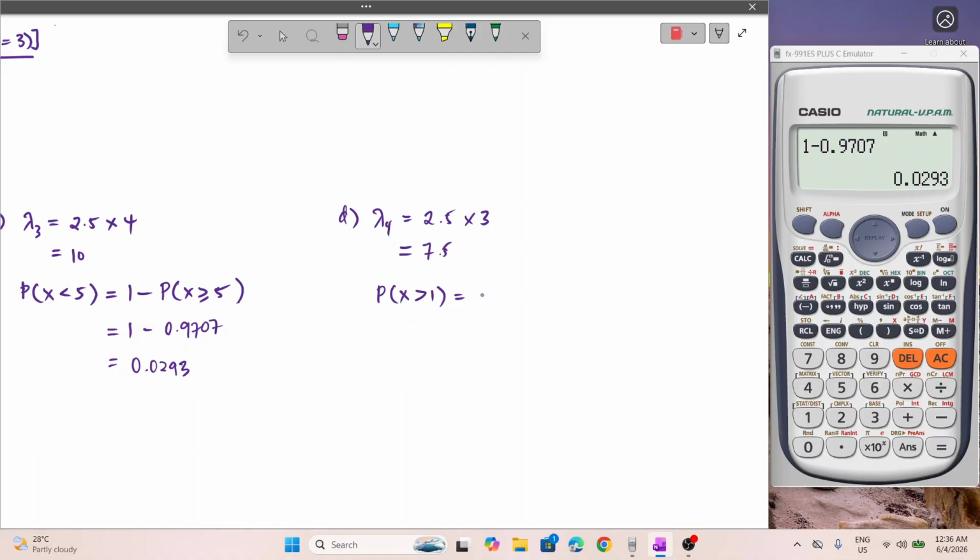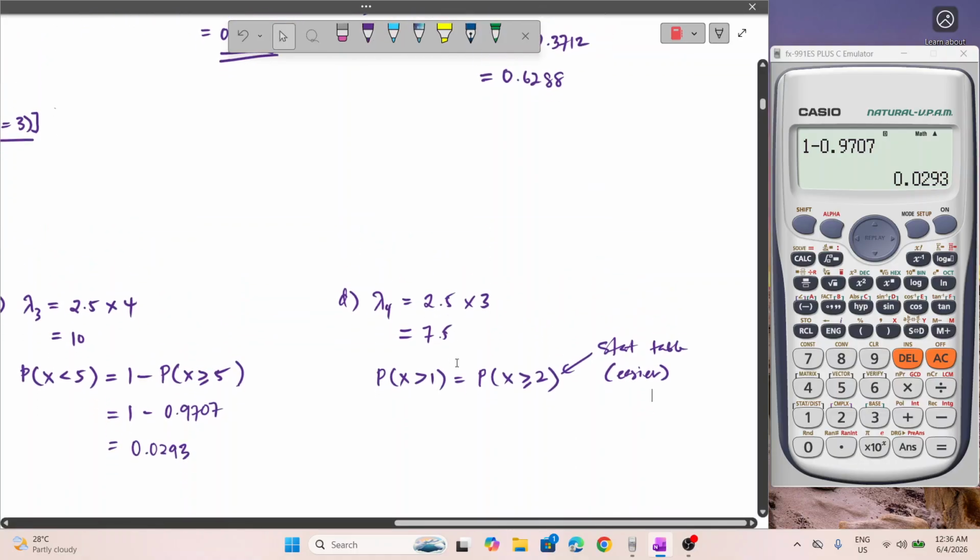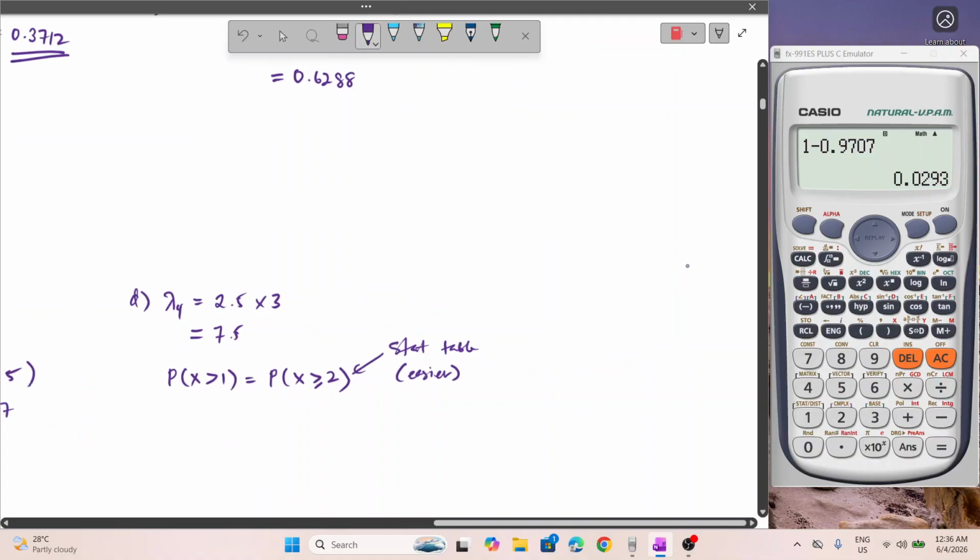This is equal to probability of x greater than 2. Okay. For this one, you can use the statistical table and you will get the answer straight away. It is easier. But if the question asks you to use the formula, then what you need to do is like what I have shown earlier.